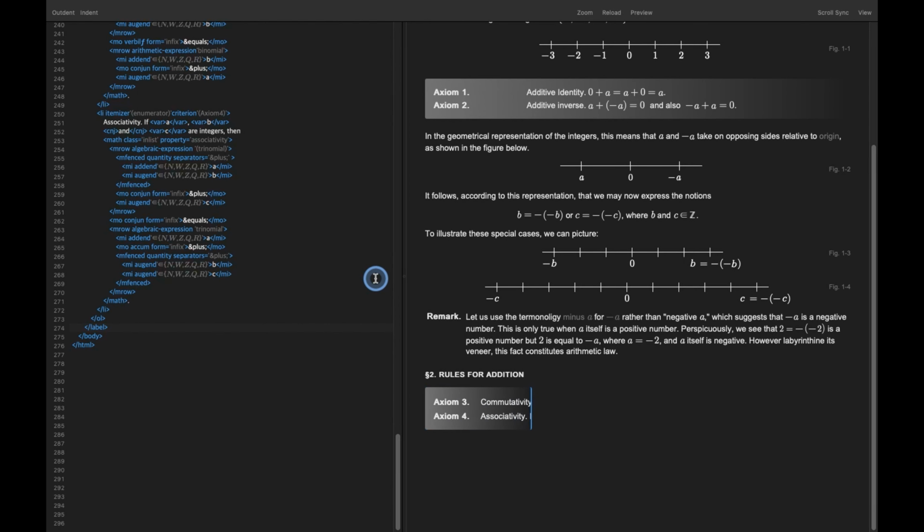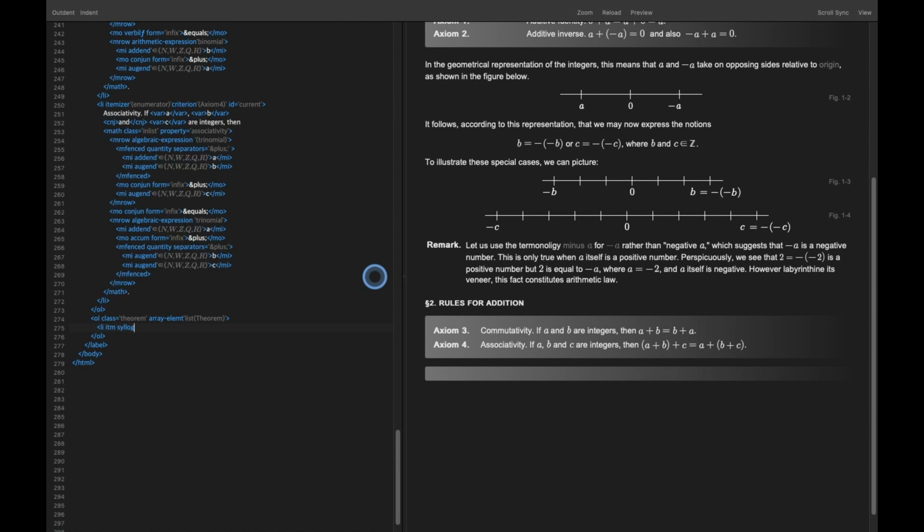Section 2. Rules for addition. Axiom 3. Commutativity. If a and b are integers, then a plus b equals b plus a. Axiom 4. Associativity. If a, b, and c are integers, then quantity a plus b plus c equals a plus quantity b plus c.